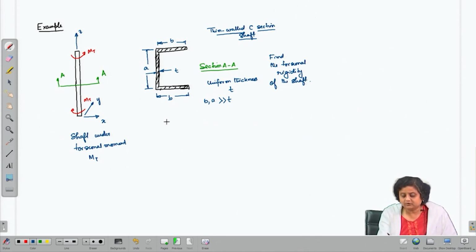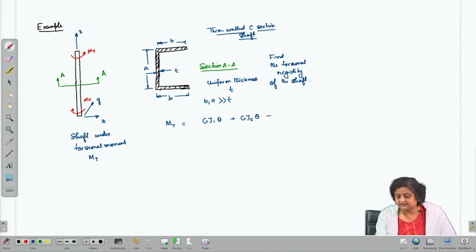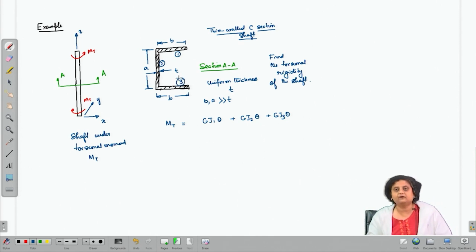Now the total torsional moment can be written as Mt, which is going to be GJ1 into theta plus GJ2 into theta plus GJ3 into theta, where J1 is the torsional rigidity of this section, GJ2 is the torsional rigidity of this, and GJ3 is the torsional rigidity of this.